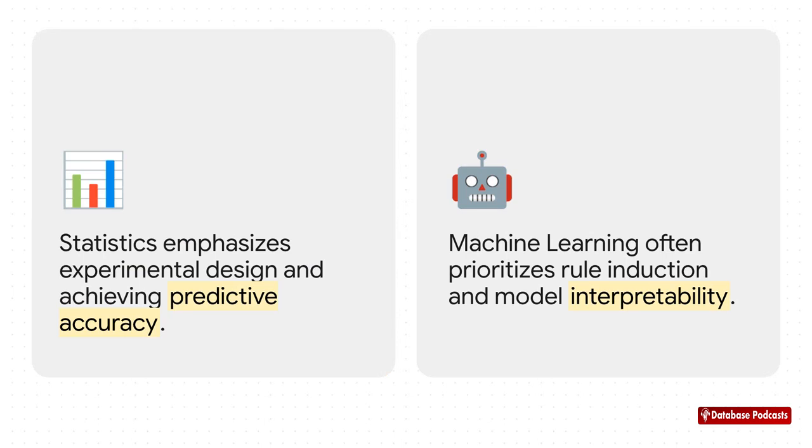So from the world of statistics, we get this real focus on things like rigorous experimental design and proving predictive accuracy. Then, from machine learning, we get these amazing techniques for finding patterns and, maybe more importantly, creating models that are interpretable, meaning we can actually understand why they're making the predictions they are. Intelligent data analysis basically grabs the best from both worlds.